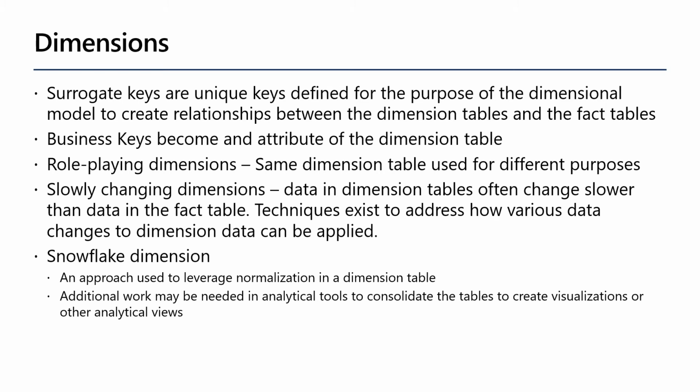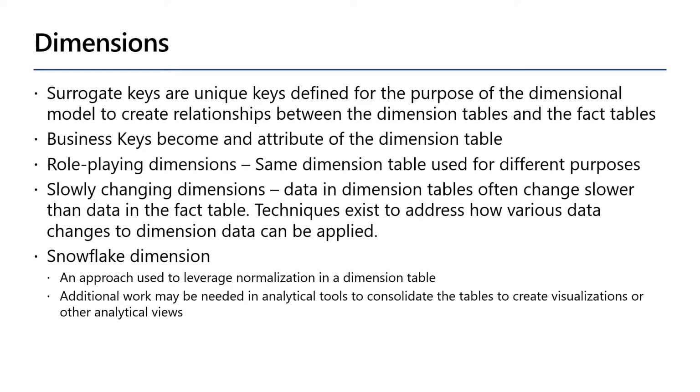So let's get into a little bit more about dimensions. Dimensions have a few different characteristics that we want to keep in mind as we're building our dimensional model and defining our schema. The first is surrogate keys. Surrogate keys are unique keys defined for the purpose of the dimensional model. These are essentially keys that we create in the schema and populate in the schema when we're doing our data load.